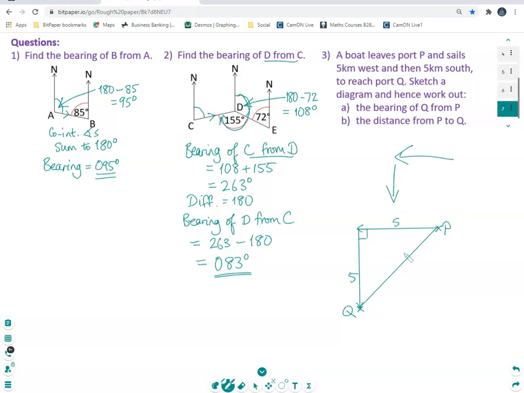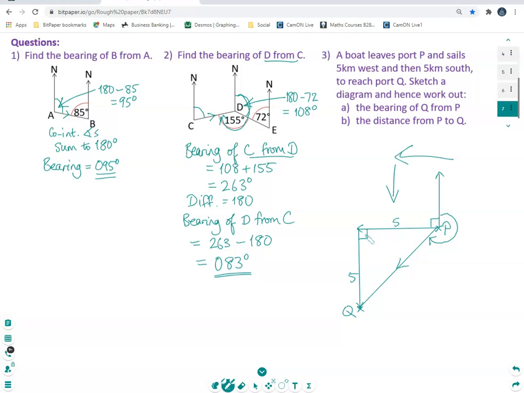And if we want to work out the bearing of Q from P, that means we're at P and we're going towards Q. Let's put a north line in from P. Going clockwise from north, it's that angle there that we're looking at. Now we know that this is a right angle, and what we've got here is a right-angled isosceles triangle.